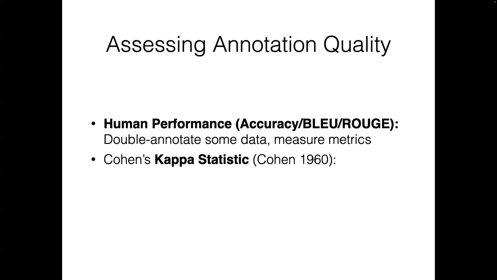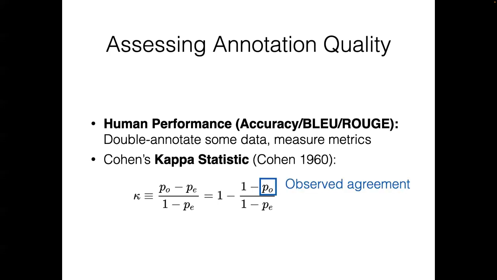But there are also statistics for looking at the agreement between different annotators. There are three of them. I'll go through this one in detail and then say how the other two relate. This is the simplest one, called Cohen's kappa statistic, and it looks like this.